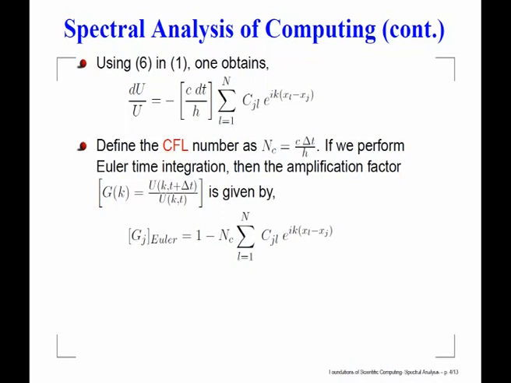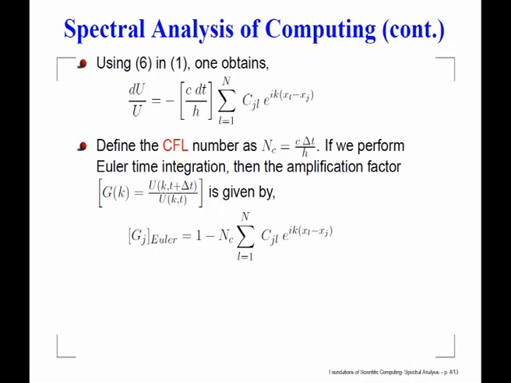Now, in most of your computational activities, wherever convection is involved, you will always notice the appearance of this parameter, which is shown here in that square bracket. This is a non-dimensional quantity. This is what is called the Courant-Friedrichs-Lewy number or CFL number.